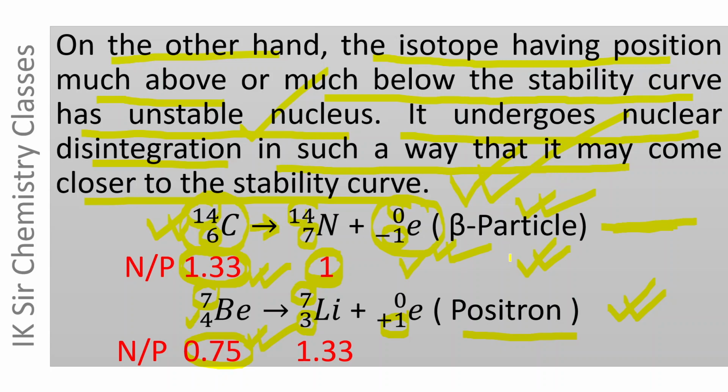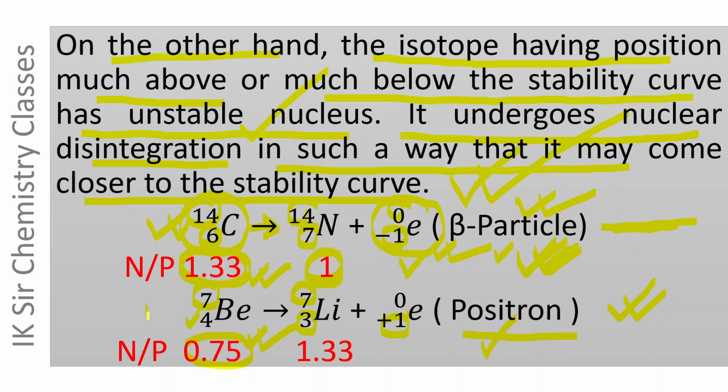If two particles annihilate each other and their masses are transformed into energy in accordance with E equals mc square, then the two particles are called antiparticles. Here beta particle and positron are antiparticles. These have the same mass but opposite charges.